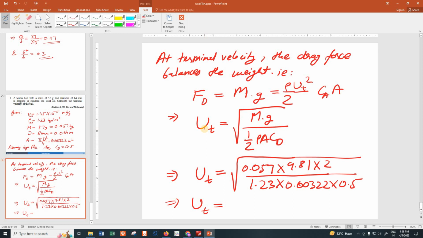Let me just do the calculations: 0.057 into 9.81 into 2 divided by 1.23 into 0.00322 into 0.5, and the answer is 23.764 meters per second.